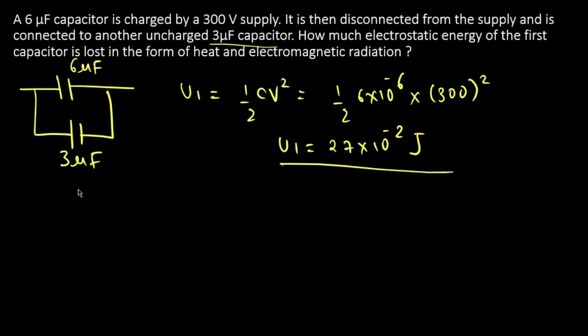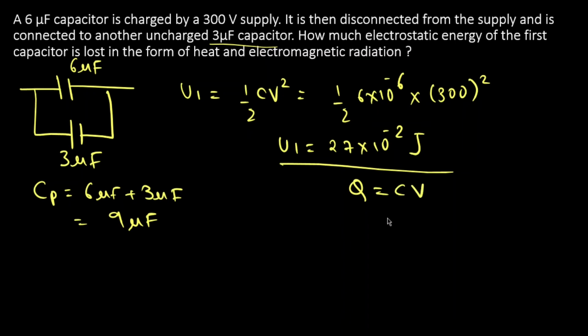Now the total capacitance will be, since they both are connected in parallel, total capacitance Cp will be 6 microfarad plus 3 microfarad, which is equal to 9 microfarad. And from the first condition we can say that the charge stored in the capacitor was Q equal to CV, which is 6 into 10 raised to minus 6 into 300 volt.